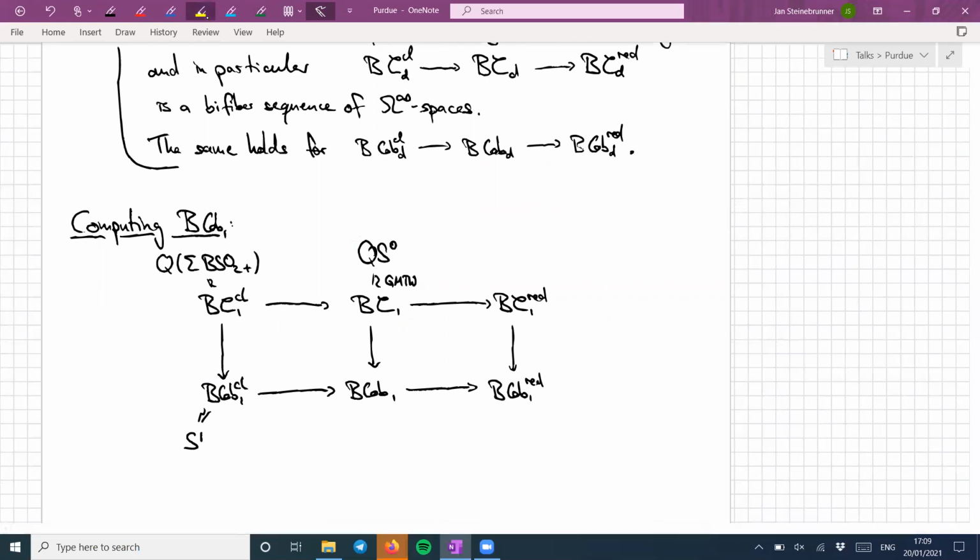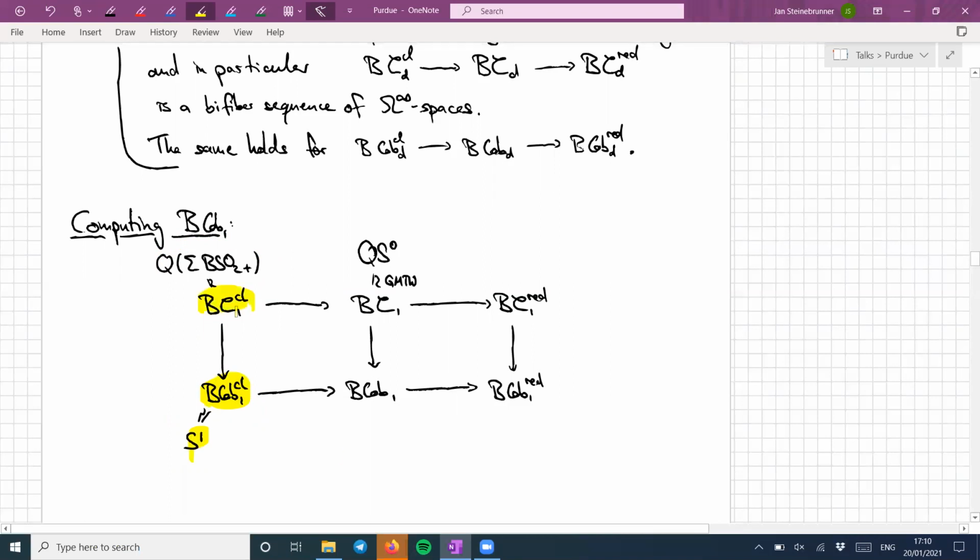And we can also easily compute the classifying spaces of the closed components, because these categories here have just one object. They're by definition the full subcategory on the empty object. So they're really just monoids. And if you think about what this is, a morphism in here is the diffeomorphism class of closed one-manifolds. But every closed one-manifold is just a union of circles, and all you need to remember is how many circles there are. So this is really just another way of writing the natural numbers, and then the classifying space is S^1.